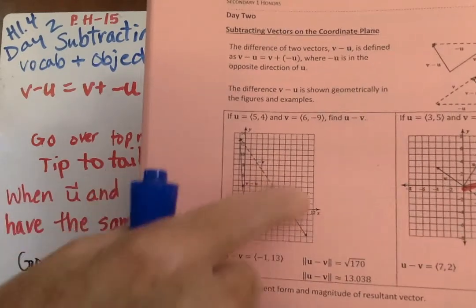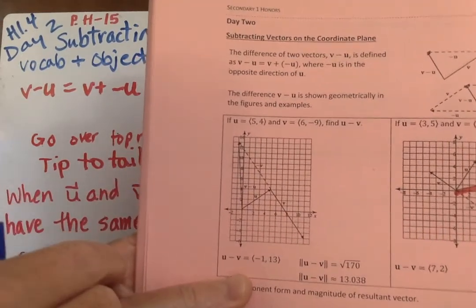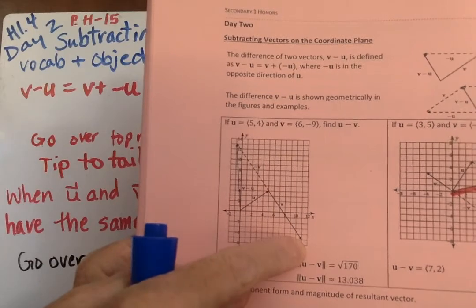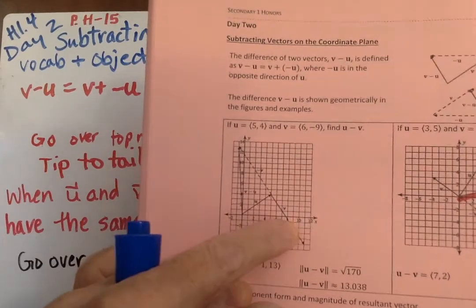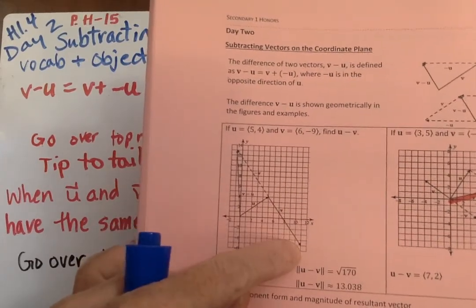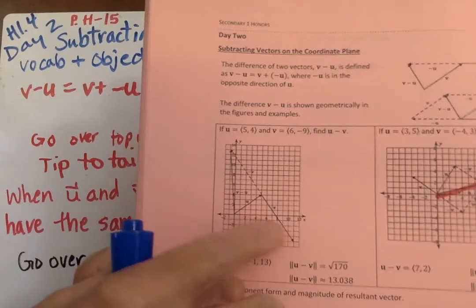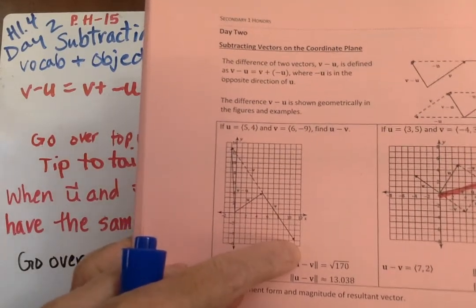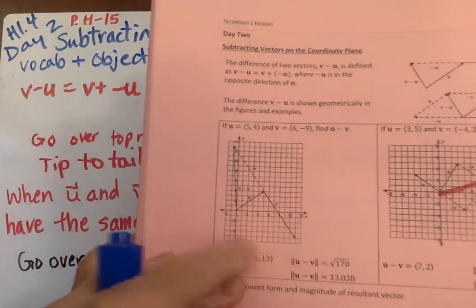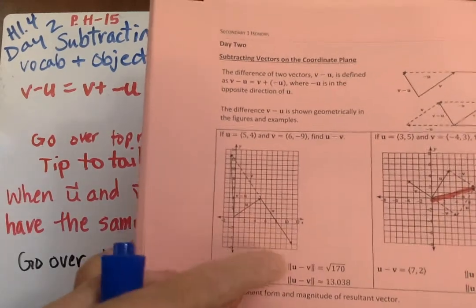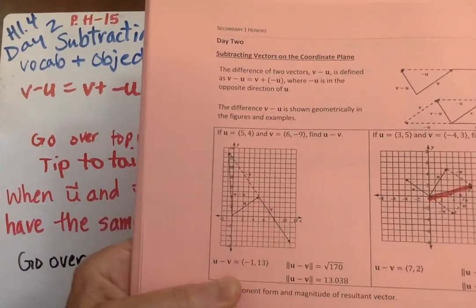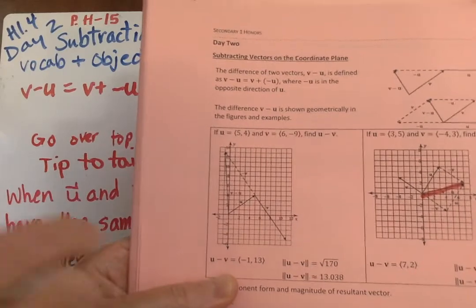So if it starts somewhere else other than the origin, this vector number is not going to match up, because our vector for V is 6, -9, but this looks like it's 11, -5. And again, they won't match up if they don't start at the origin.